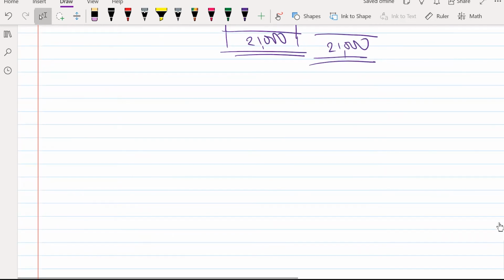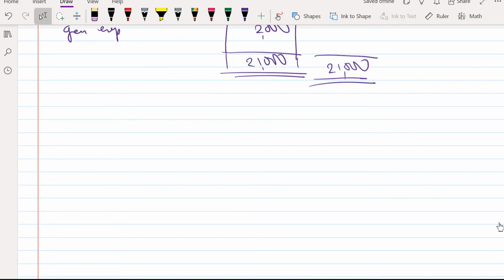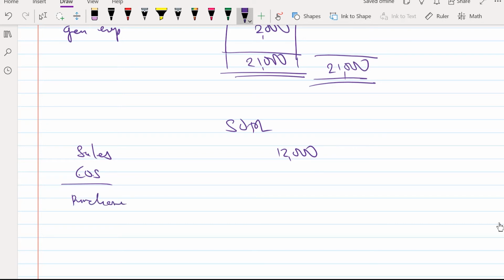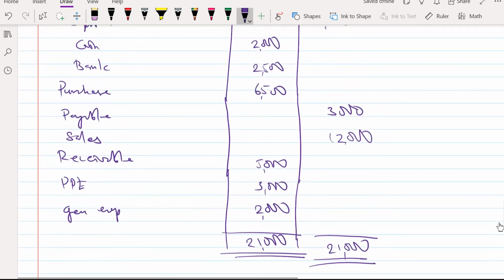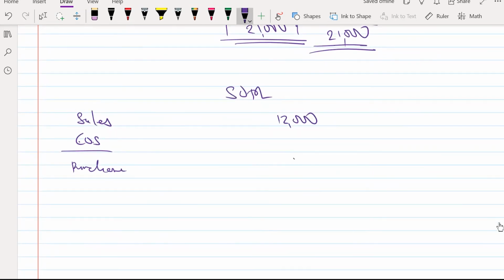Okay, so given this information, like I said, we could actually prepare a profit or loss. And the first thing we have, of course, let me use the word sales, since the sales I've been using, and that's 12,000. Because the next thing will be the cost of sales. But the only information on cost of sales that we have in this scenario is purchase, and the purchase is 6,500.